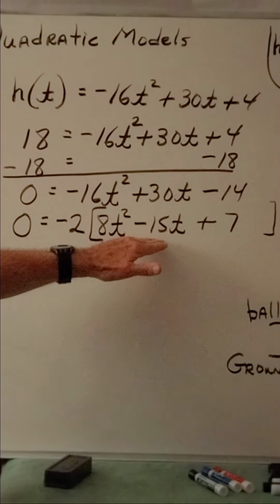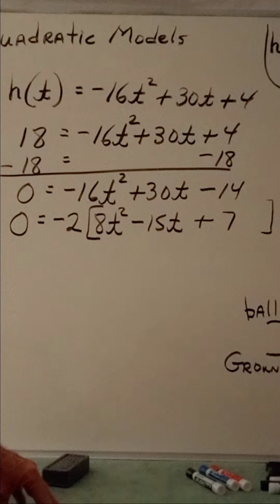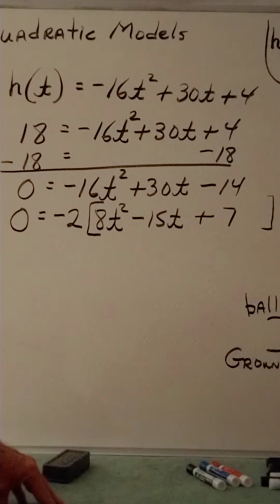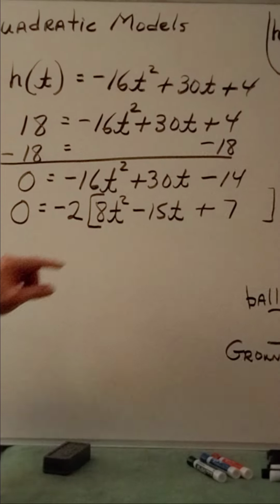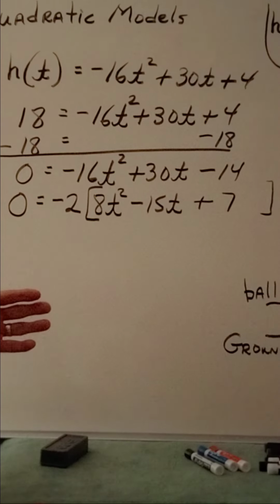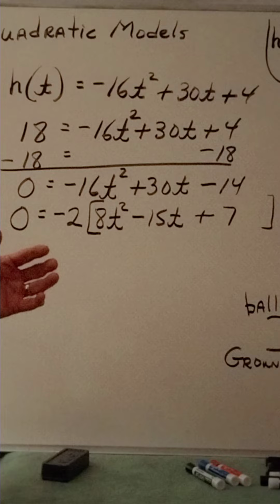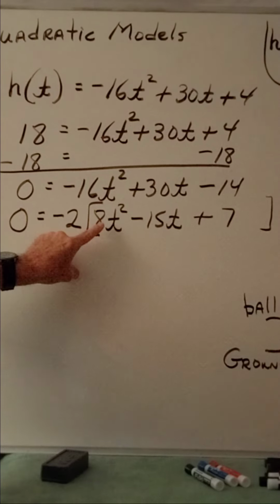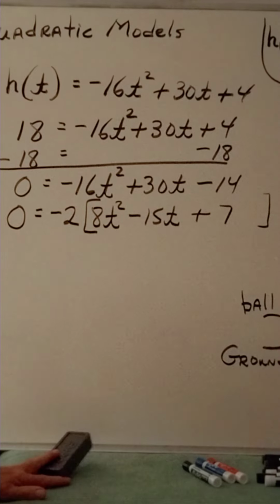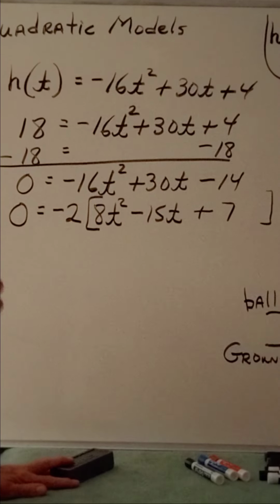Now this trinomial that's inside the bracket is going to have to be factored. I look at the coefficient of the quadratic term because it's going to tell me whether I'm going to use AC or not. And we're going to use AC because the coefficient of t squared is not 1.